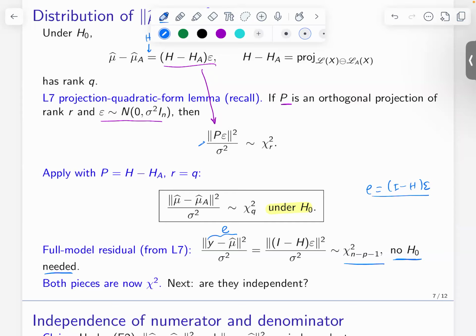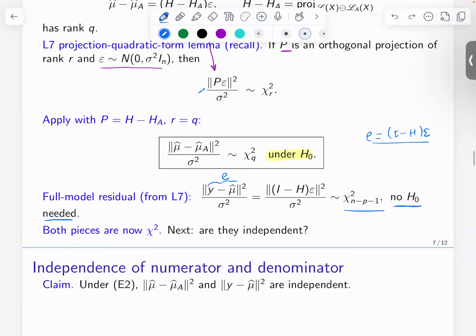And so I have these two statements, and somehow if I divide these, you can see the sigma squared go away. And what I need is for them to be independent, or at least I need to know the joint distribution and know what happens to the ratio when I do this operation. As it turns out, we are lucky, so these are going to be independent.